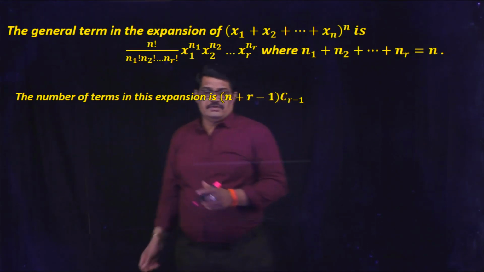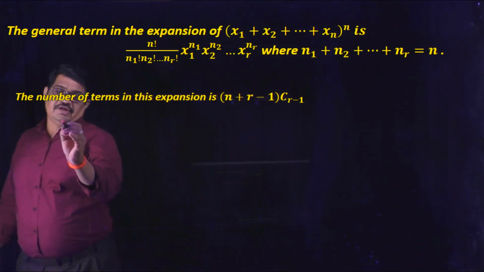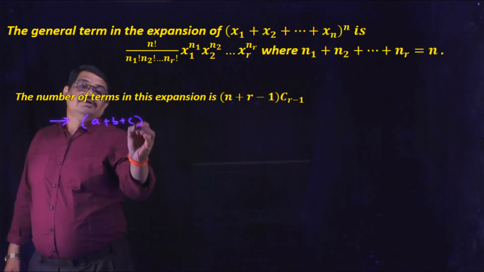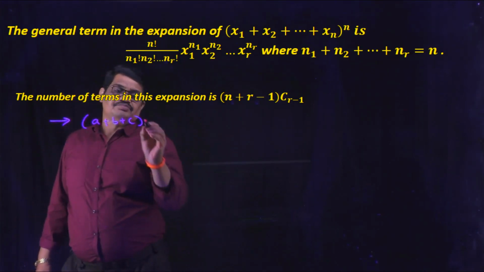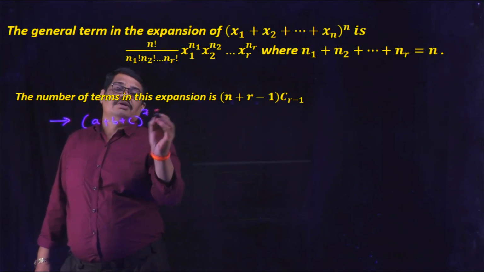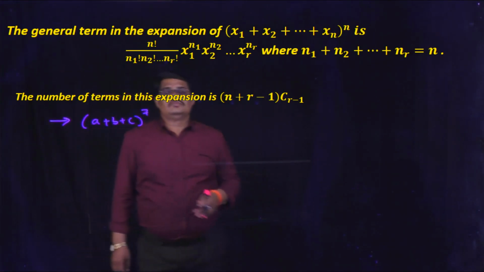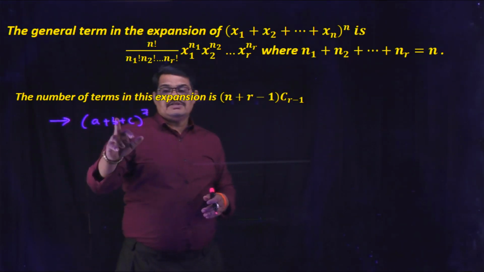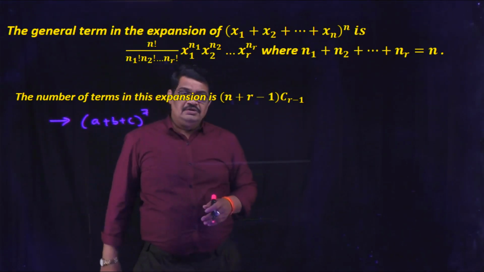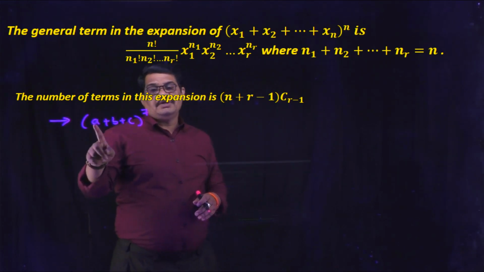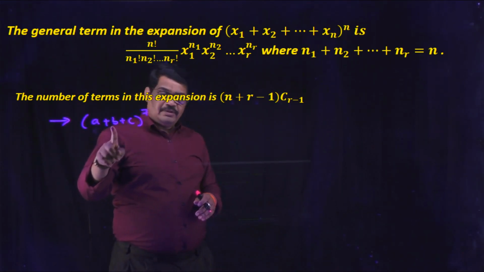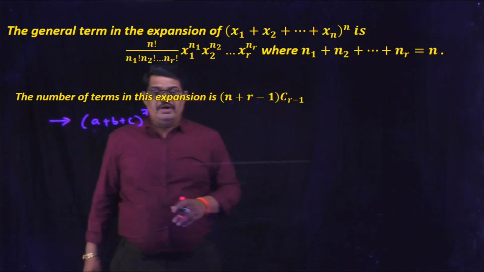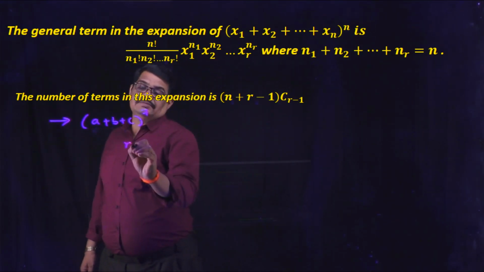For example, take (a + b + c)^7. What is the number of terms in that expansion? Here, how many terms? 3 terms: a, b and c. Here r is 3 and n is 7.